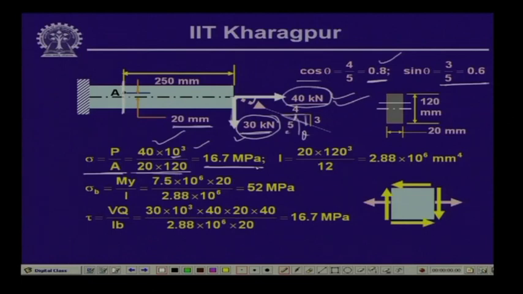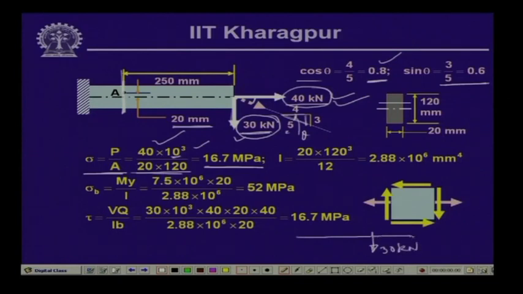Now, the point A will be subjected to a bending moment, and the magnitude of the bending moment will be equal to the load times this distance 250. If we take the free body at this particular section, we have the load here, which is 30 kilonewton.